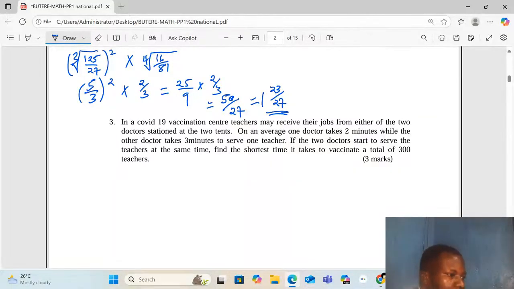So one doctor takes 2 minutes, while the other one takes 3 minutes to serve one teacher.